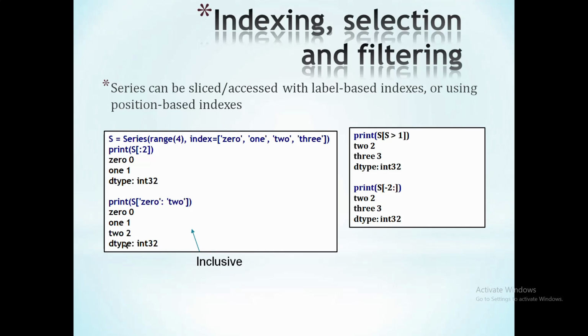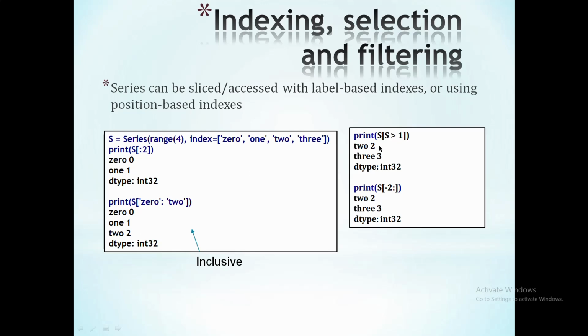Then in terms of slicing, we are going to use a range of values. First I am referring to the same series with colon 2, which refers to the elements starting from 0, 1, so I get the output 0 and 1. Now I am referring to the values 0 to 2: 0 is the first index, 1 is the second index and 2 is the third index, so I get 3 values.